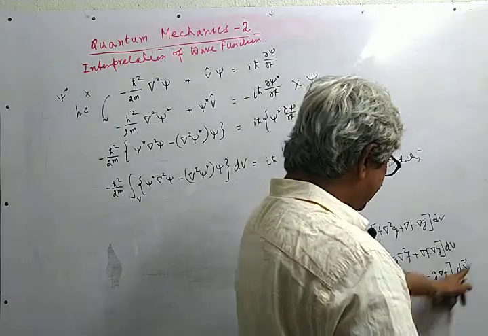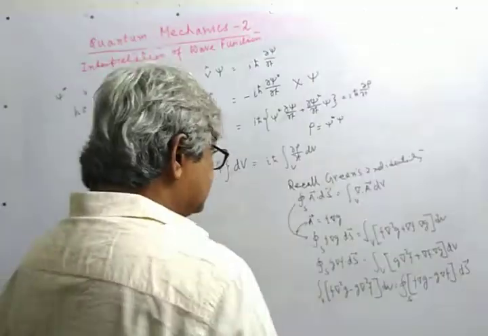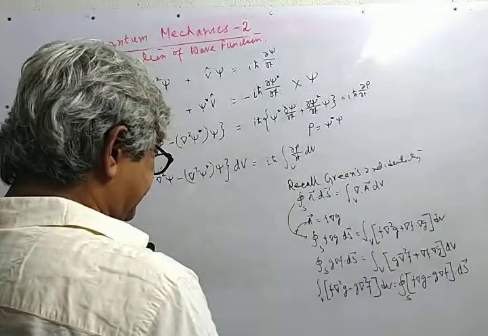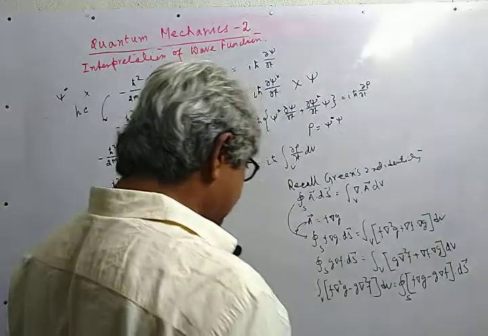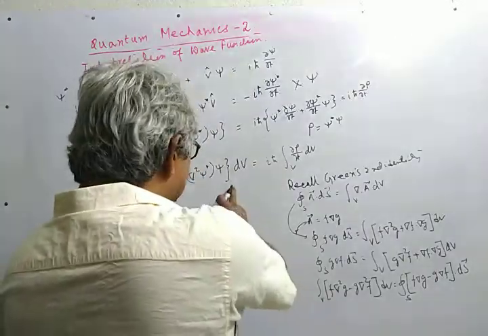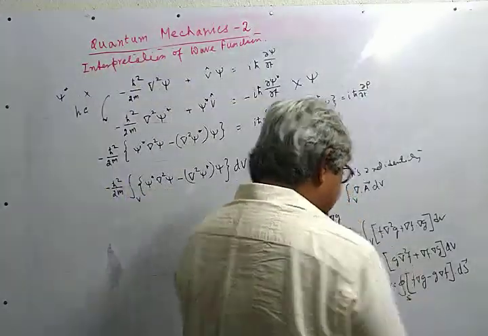So this is a vector and this is a vector. This is known as Green's second identity. We can apply this to convert this volume integral into a surface integral.